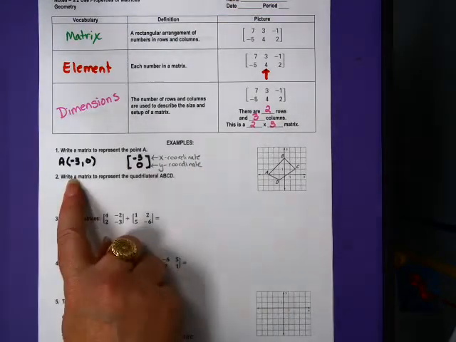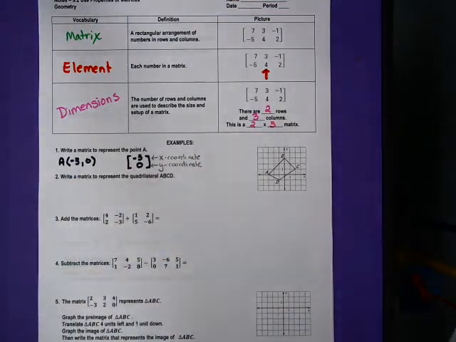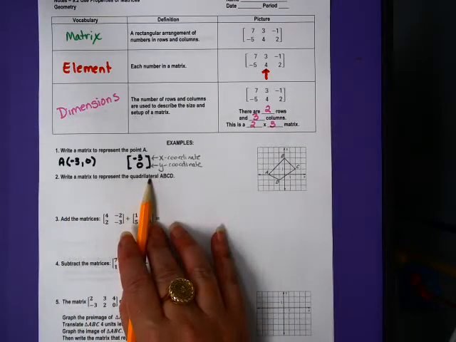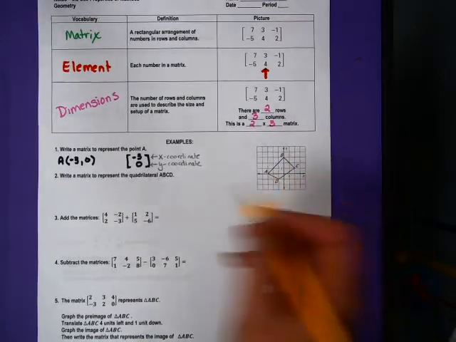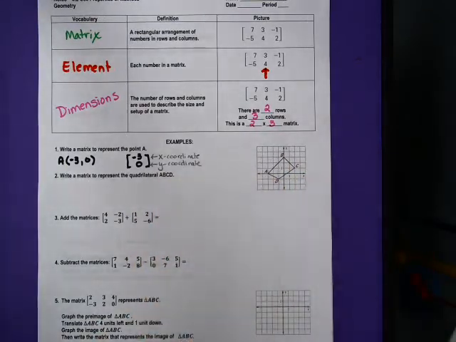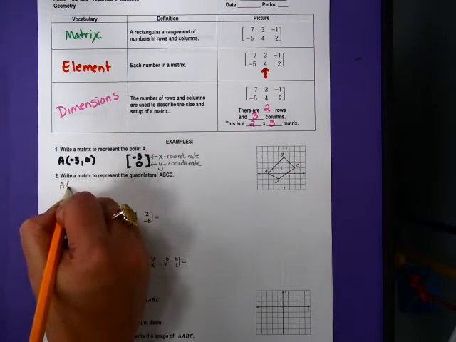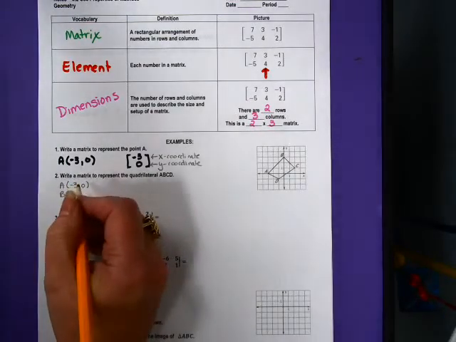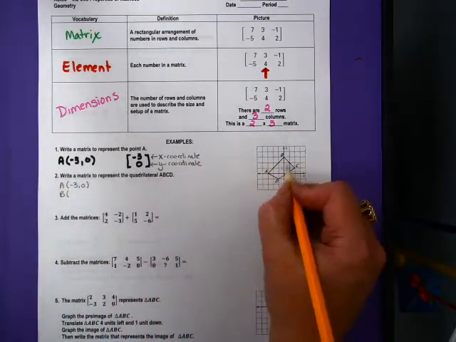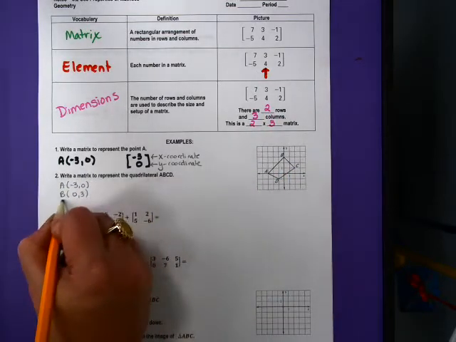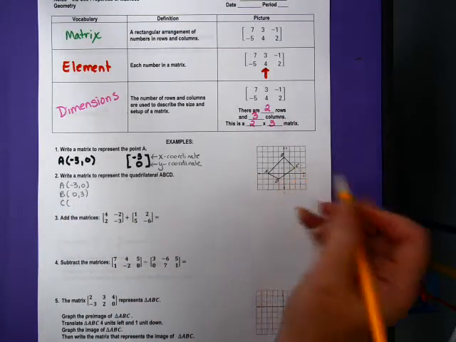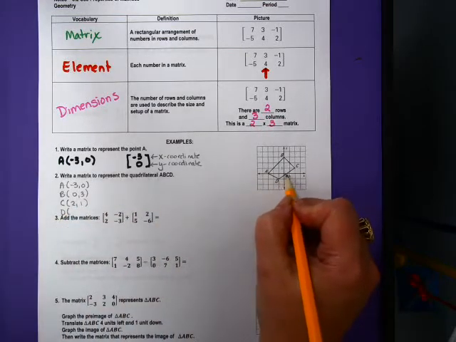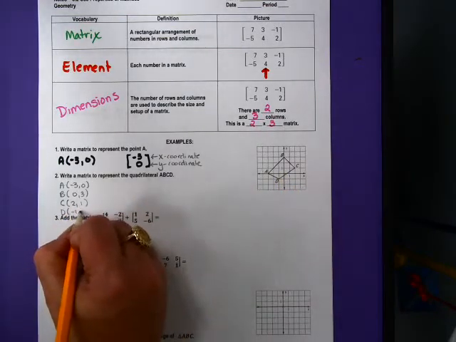All right. Now, before, when we were talking about quadrilaterals, this whole shape here of A, B, C, D, we had to write A was at -3, 0, B was at 0, 3, C was at 2, 1, and D was at -1, -1.